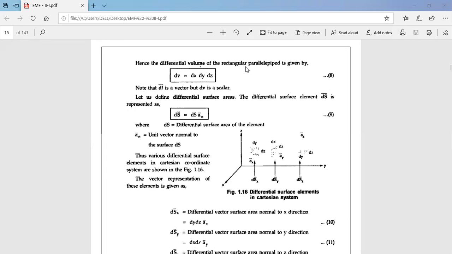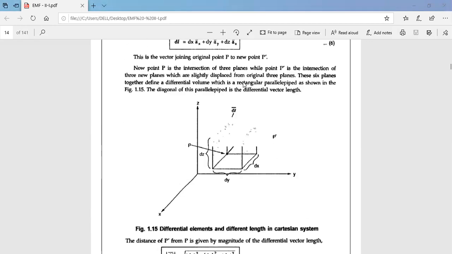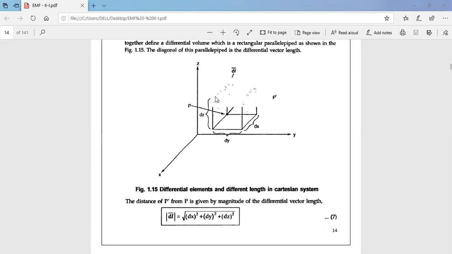Just like the volume of a cube would be x times y times z, your differential volume would be dv equals dx times dy times dz. Okay? Now, if you go back to your cube, you have your y, your x, and your z, right? So the dv is dx times dy times dz.